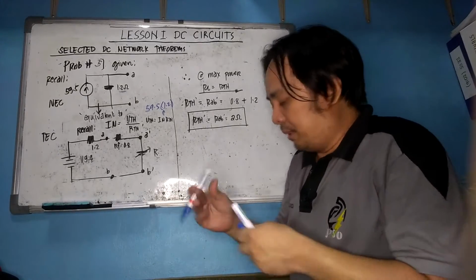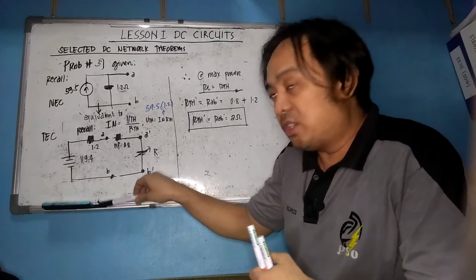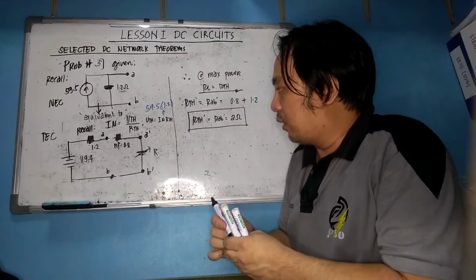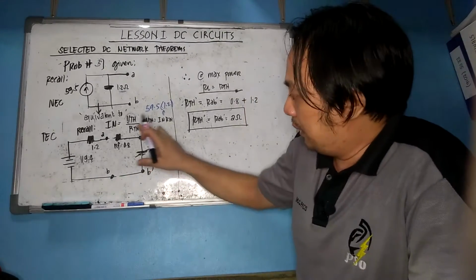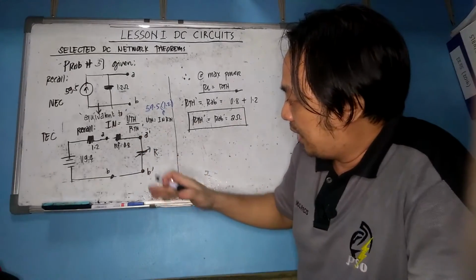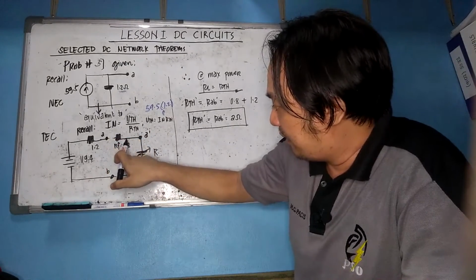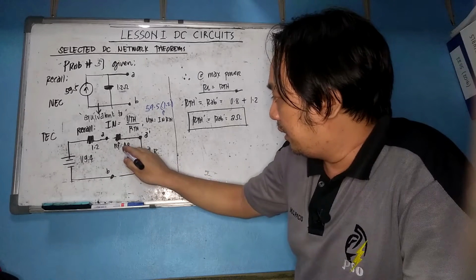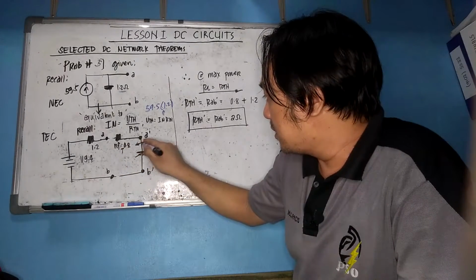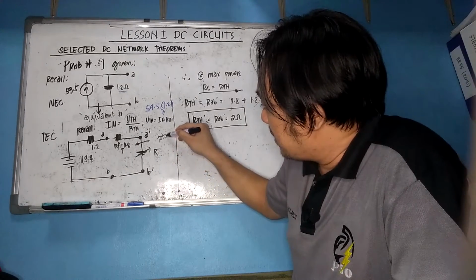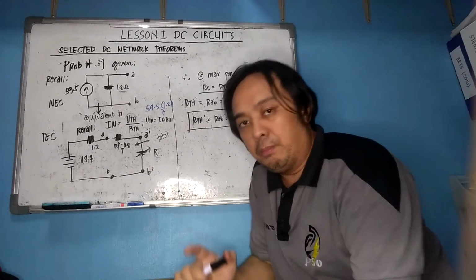Now, the problem needs maximum power transfer. So, as you can recall from the last slide, we did not connect points A and B here to RF and R. The RF here is the total resistance. Please take note, this is already total resistance. But if that is not total resistance, you need to multiply it by 2.